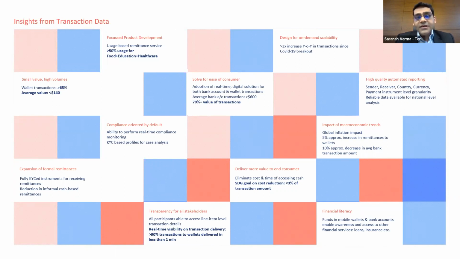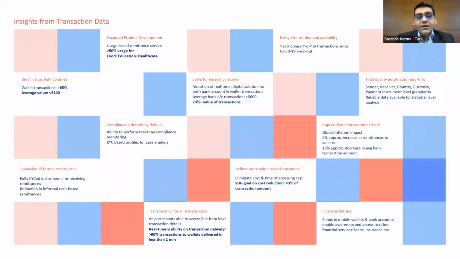Again, on the on-demand scalability front, as Robin was talking about, during COVID-19 and after that, we saw for TerraPay more than 3x increase in year-on-year transactions, which is a very strong indicator of how examples like Bangladesh, etc., where adoption of remittance services has moved from cash towards these digital instruments.